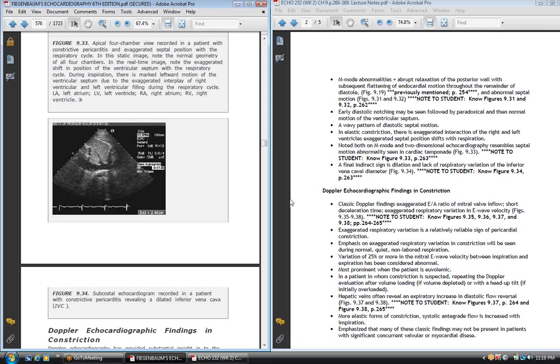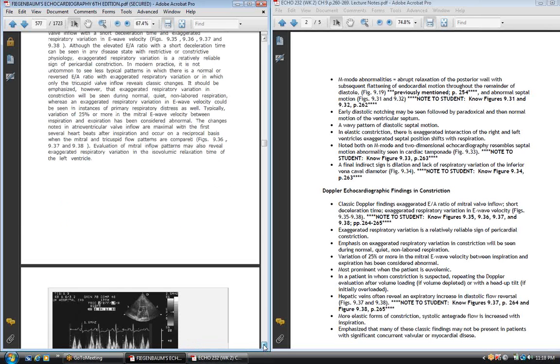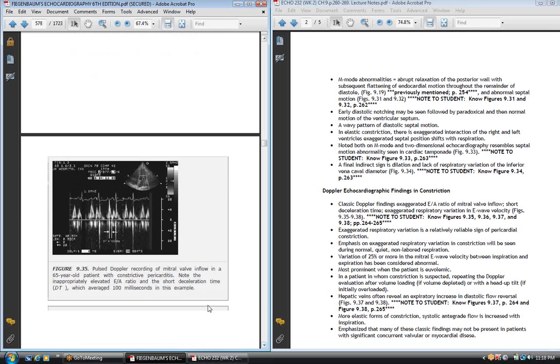So your Doppler findings for constriction. Your classic Doppler findings are exaggerated E to A ratio of the mitral inflow, short deceleration time, exaggerated respiratory variation in E-wave velocity. So let's look at 3.5. Here's 3.5. This is a mitral inflow with a patient with constrictive pericarditis.